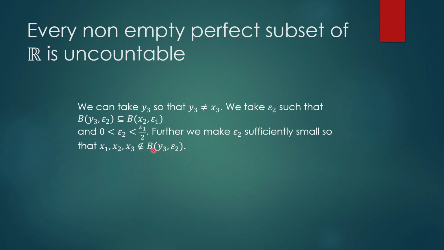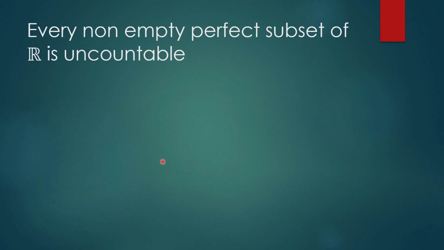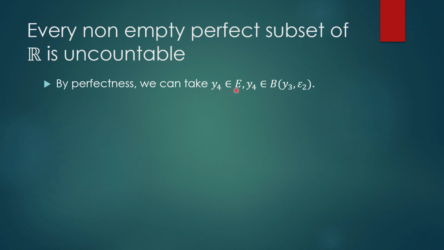So you take epsilon 2 sufficiently small so that this open ball centered at y3 with radius epsilon 2 does not contain x1, x2 and x3. All right, so this process continues. By perfectness, we can find again y4, that is an element of E. So y4 also belongs to this open ball.